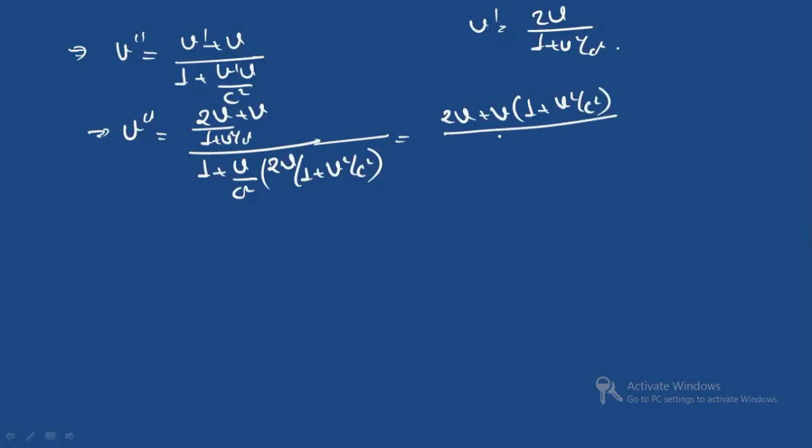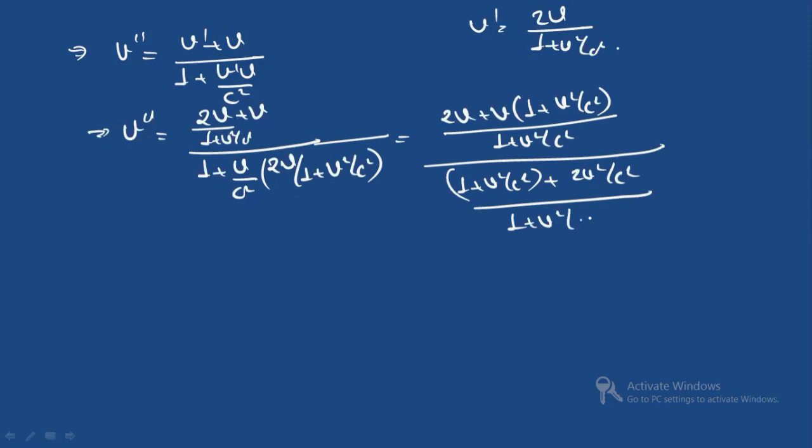Now if you take the LCM, in the numerator we have 2V plus V times 1 plus V square by C square, all over 1 plus V square by C square. In the denominator, taking the same LCM, we will have 1 plus V square by C square plus 2V square by C square, divided by 1 plus V square by C square. So this will get cancelled.